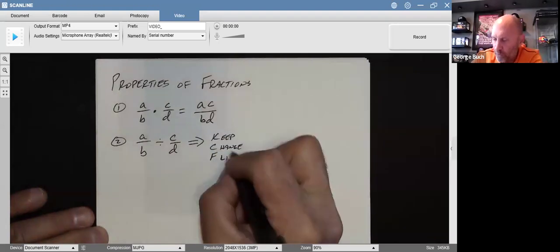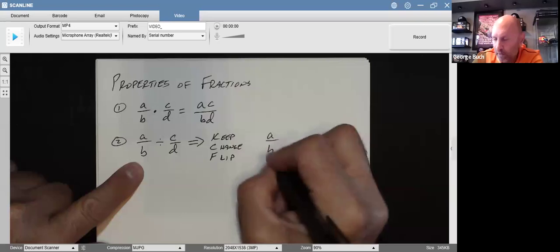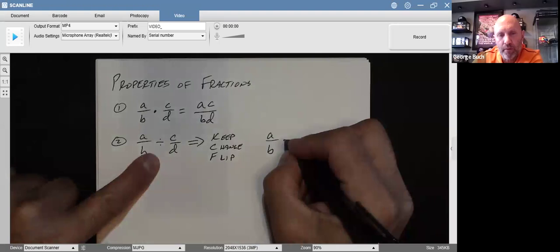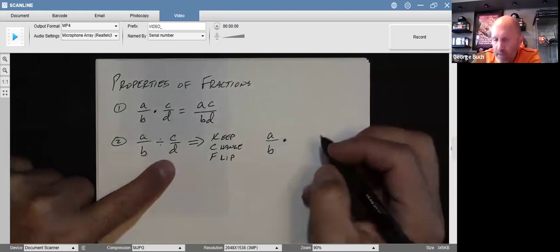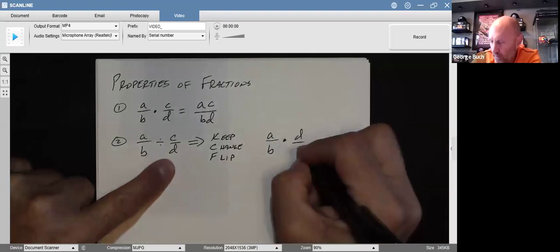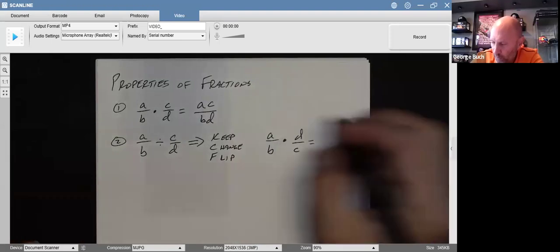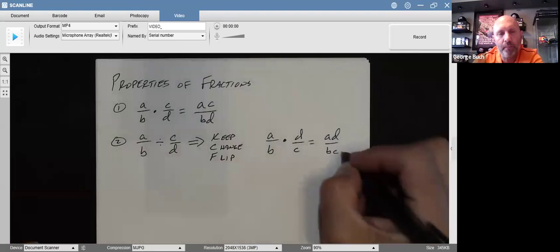So we're going to keep the original A over B, change it from division to multiplication, and then flip the second one. So instead of C over D, it's now D over C. And now we have what? Now we have a multiplication problem. So multiply the numerators, multiply the denominators.